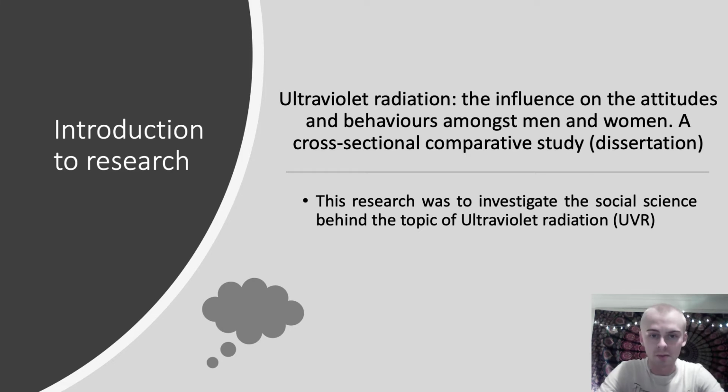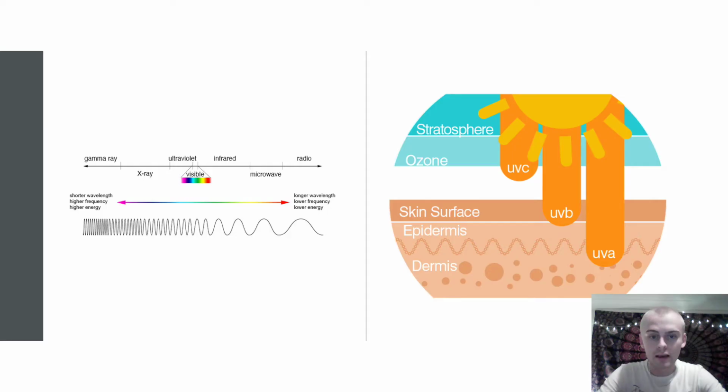This research was to investigate the social science behind the topic of ultraviolet radiation. Here are two images to give you illustration. On the left is the electromagnetic spectrum of radiation, and on the right is the atmosphere and skin penetration of UV. A component of solar radiation, it is the predominant radiation that is emitted from the sun alongside infrared.